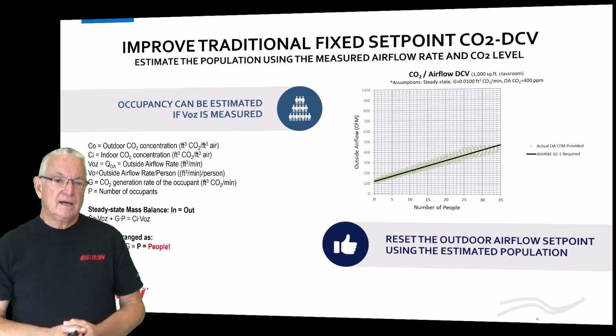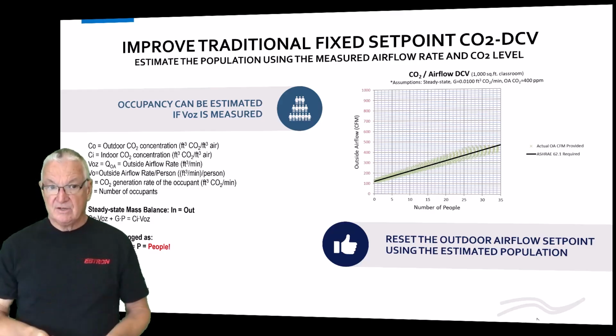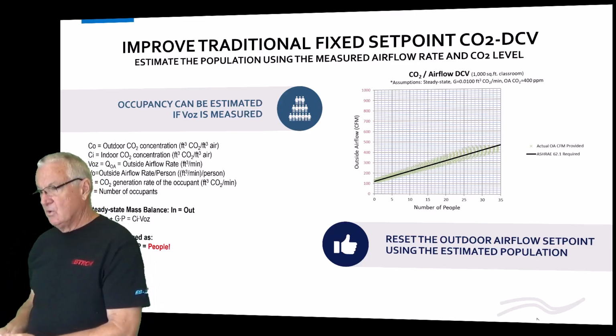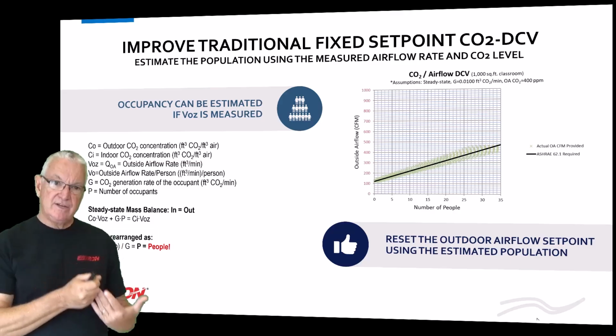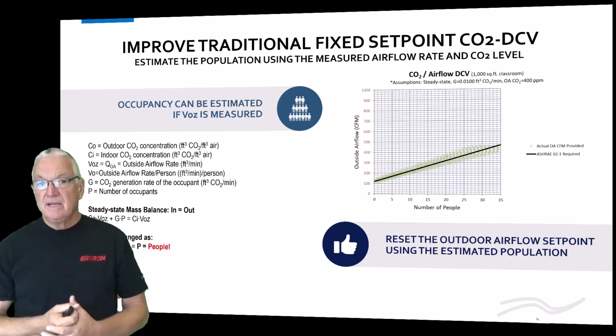And so we have one more piece of the puzzle, because now we're measuring the outdoor air, whether at the air handler or at the ventilation zone. We can now estimate the population.